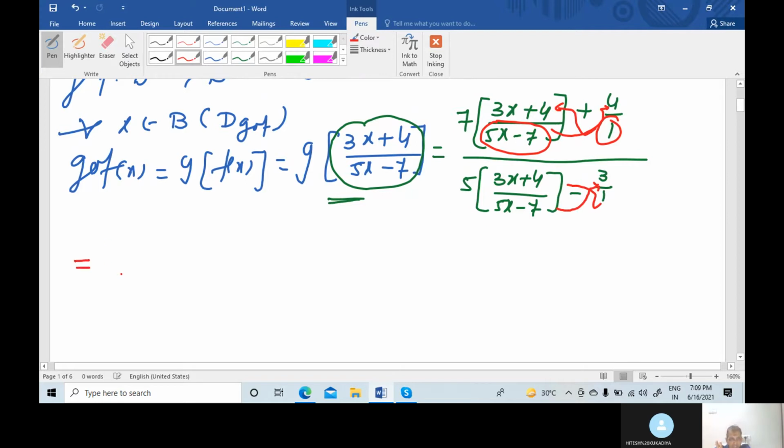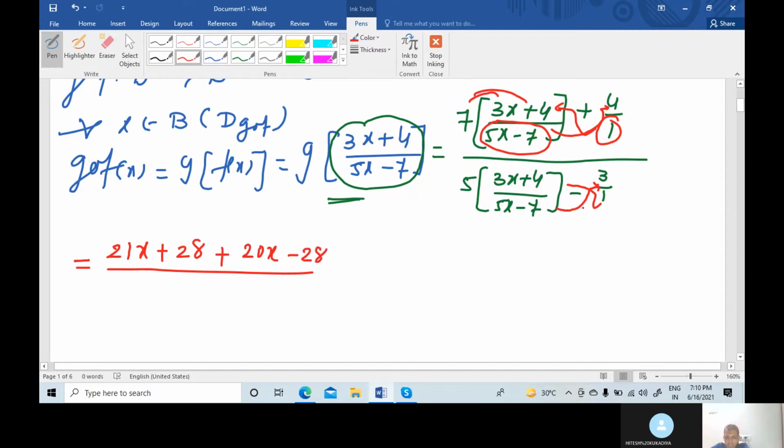Look here, student. First 1 is multiplied here, so open this bracket. 7 3s are 21x, 7 4s are 28, plus (5x - 7) multiplied by 4. So 4 5s are 20, 4 7s are 28.